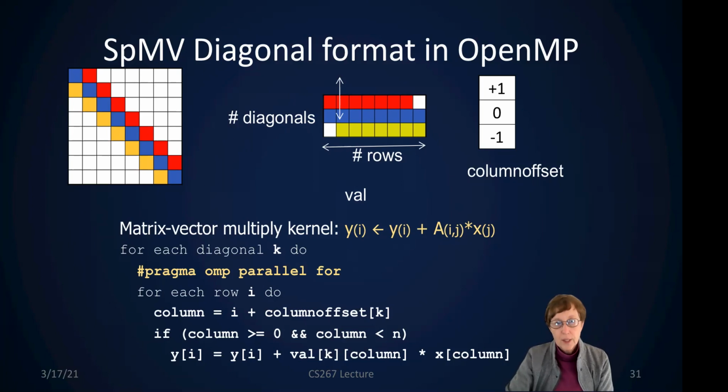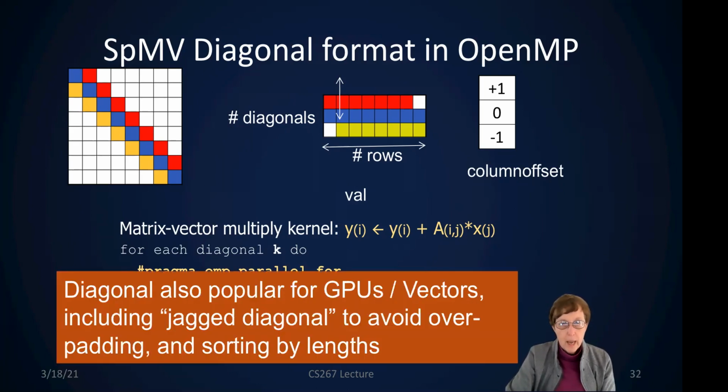And so with this kind of diagonal format, what you can do is store these diagonals now as a vector but then pack them in a two-dimensional array. And there's some padding of zeros in this case because the blue diagonal, of course, is a little bit longer than the red and the green. And so here's some code in OpenMP in order to make this diagonal format work for SpMV. And as I said, it's also popular for GPUs.